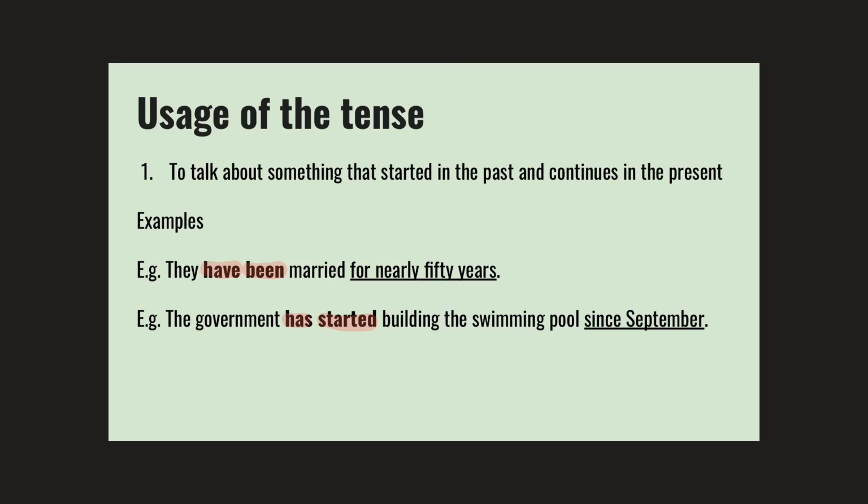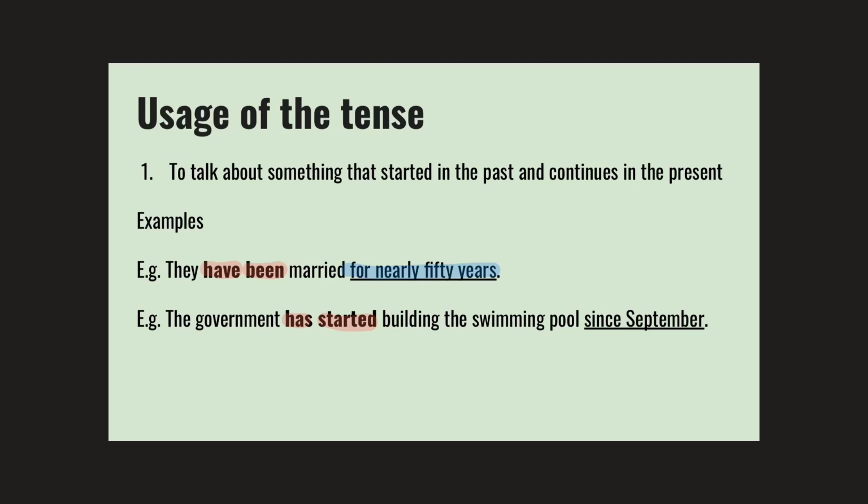So we need both elements combined together to form a present perfect tense, alright? So in example 1, the couple has been married for nearly 50 years. For nearly 50 years. So are they divorced?